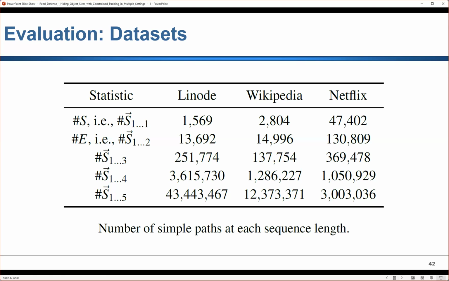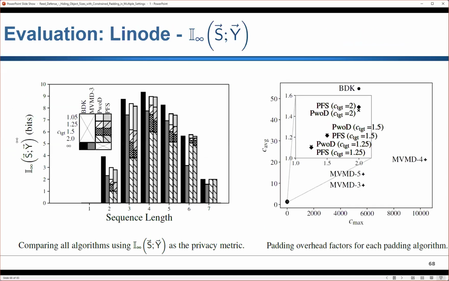So for instance, let me go to some other padding overhead results that we had from the PFS section. For Linode, we have again the maximum. So now we've applied for the Linode setting the competitors NVMD and BDK on the Linode data set, and then calculated their resultant max padding factors, and the average padding factor applied to any object.